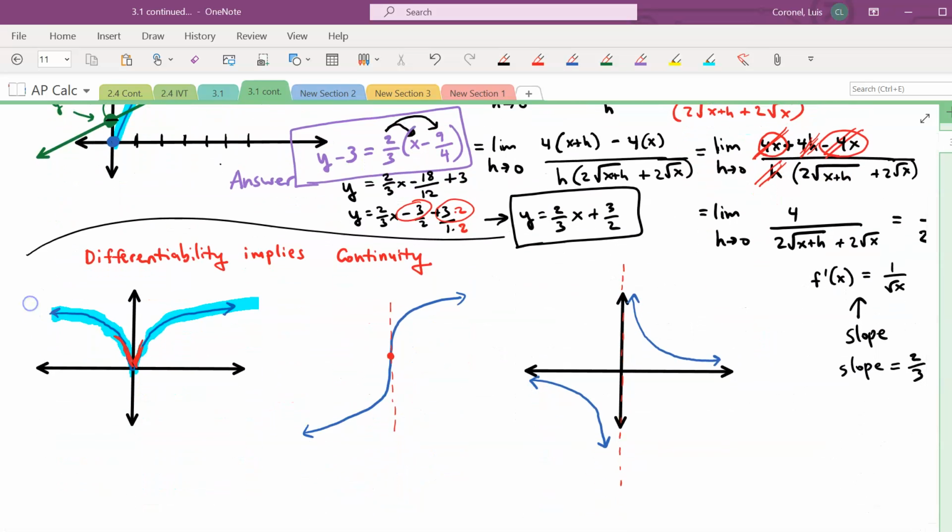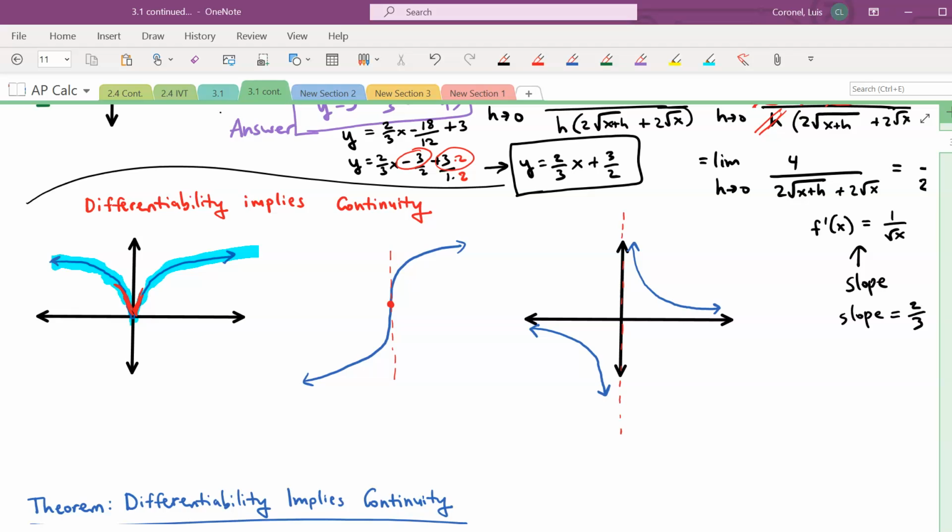Now, in finishing up section 3.1, we'll look at differentiability, having a derivative, having a slope, and how that relates to a function being continuous.